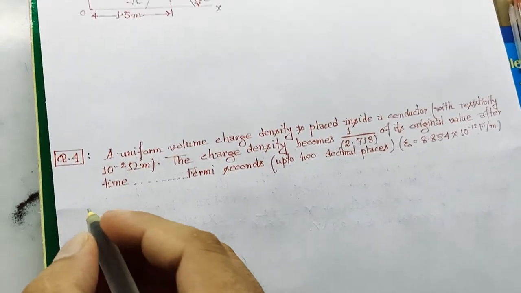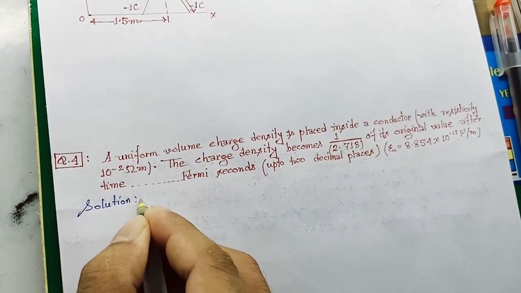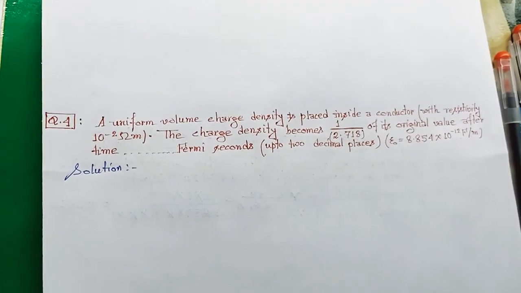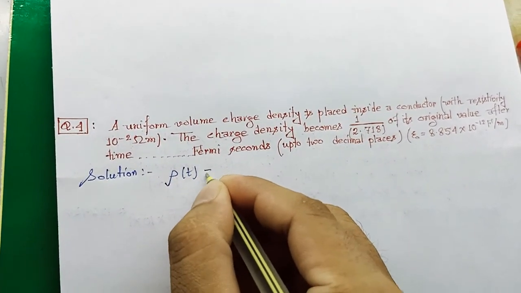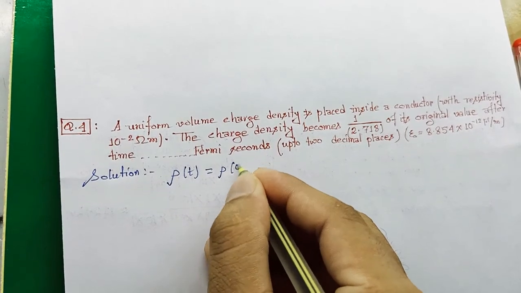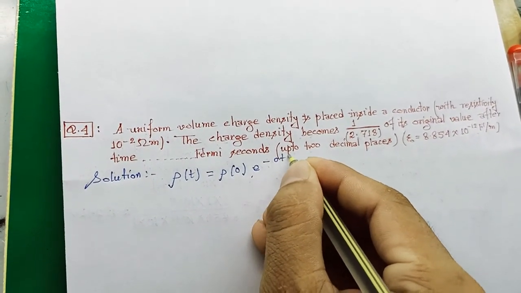So let's solve this question. For solving this question, as we know, rho of t is equal to rho of 0 into e to the power minus sigma t divided by epsilon naught.